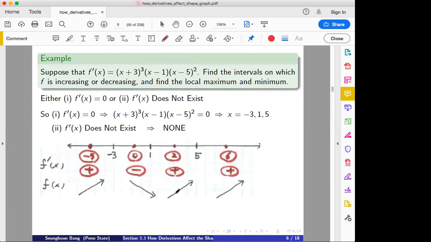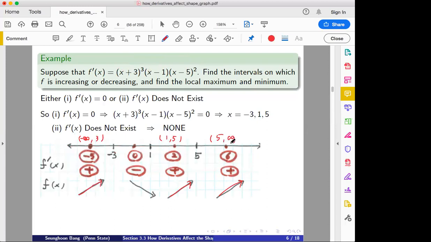So function f is increasing on the intervals from negative infinity to negative 3, and from 1 to 5, and another one, 5 to infinity.